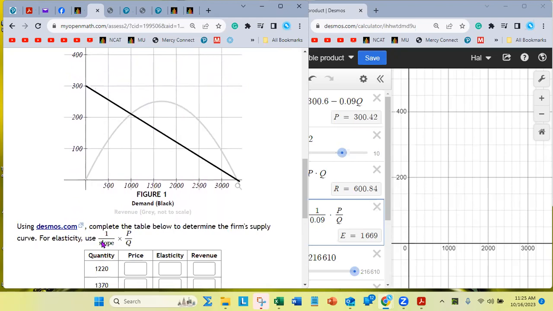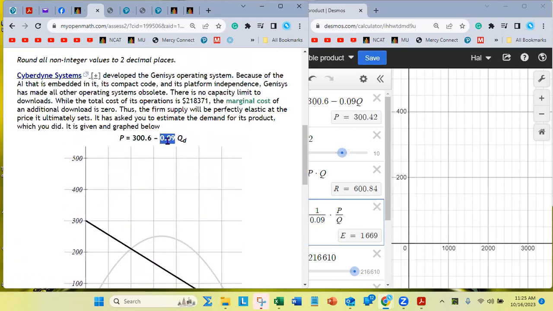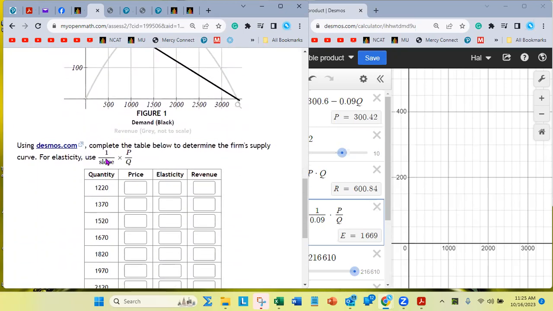That's the slope, rise over run. And we have to invert it to get the change in quantity over the change in price. Okay. And we can only do that if the demand is linear. If the demand is nonlinear, we can't use this elasticity equation.